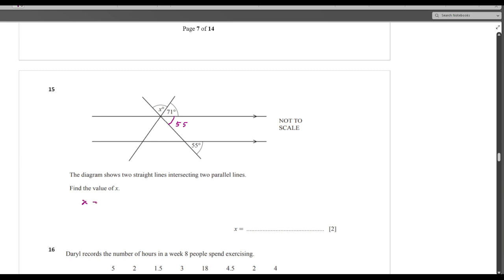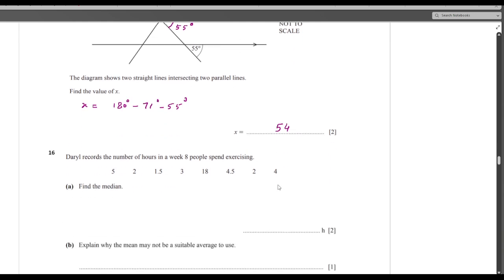So your x is equal to 180 degrees minus 71 degrees minus 55 degrees. 180 minus 71 minus 55 is 54. So your x value is 54. Now question number 16.